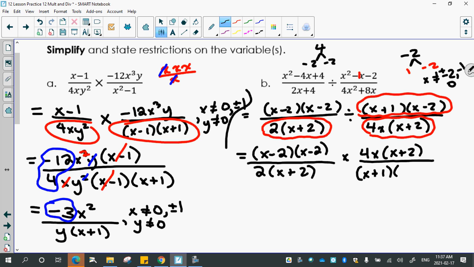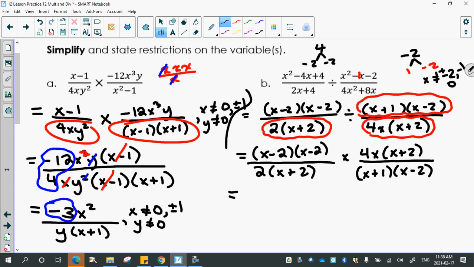Just be really careful and deliberate about going through the steps. I've seen lots of people change this to times and then forget to flip them. It's just a process. So maybe, when you're doing the practice questions, have the steps out in front of you. All right, so the next step is to multiply the numerators together and the denominators together with any monomial terms out front.